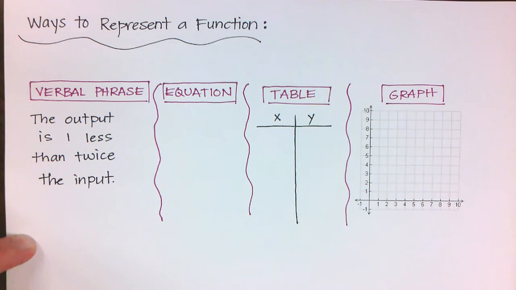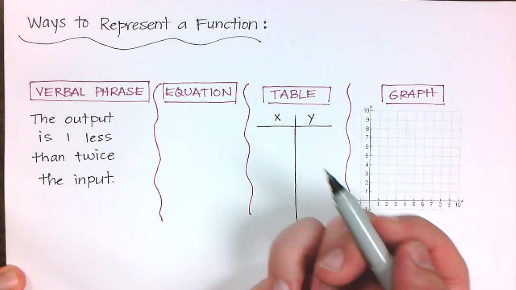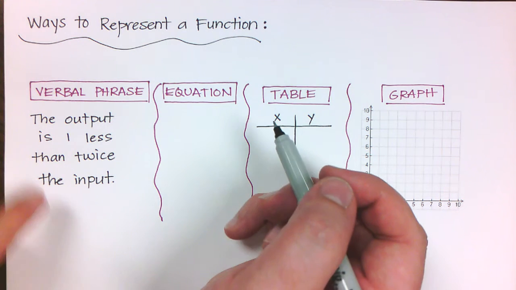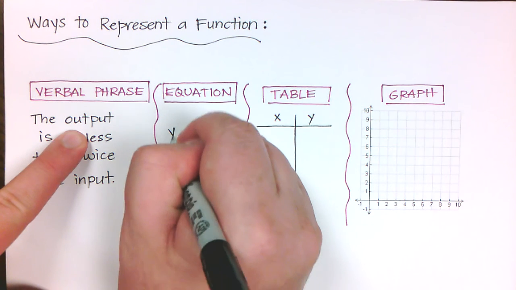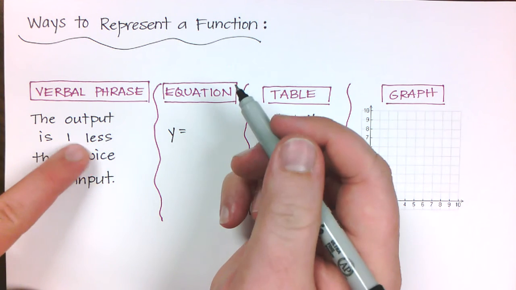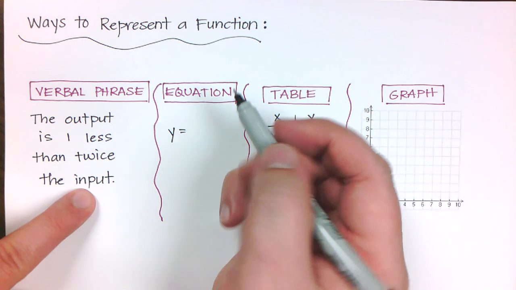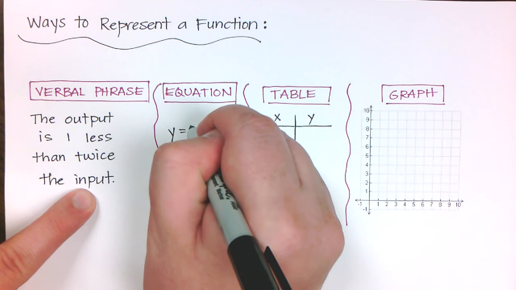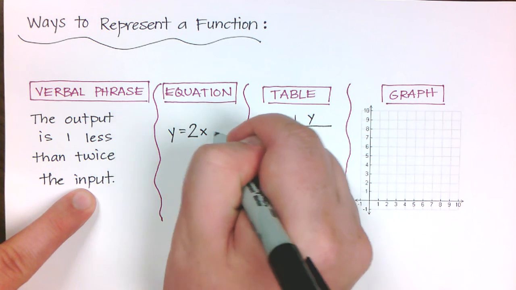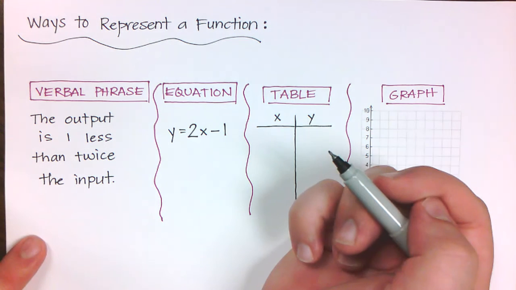Okay, so maybe you see this in a word problem and it's written out as a verbal phrase. If I was going to translate that into an equation, then I would say the output, so the y, is equal to 1 less than twice the input. So the input is x, so twice the input would be 2x, and 1 less than that would be subtracting 1.